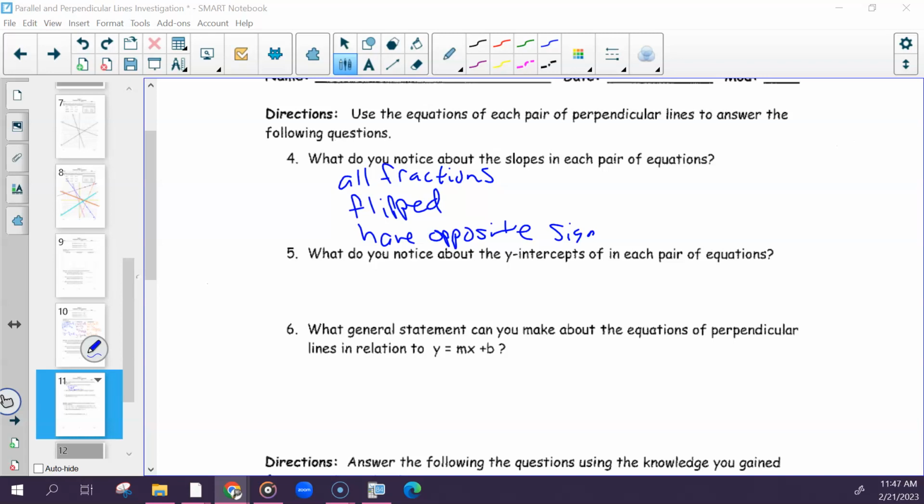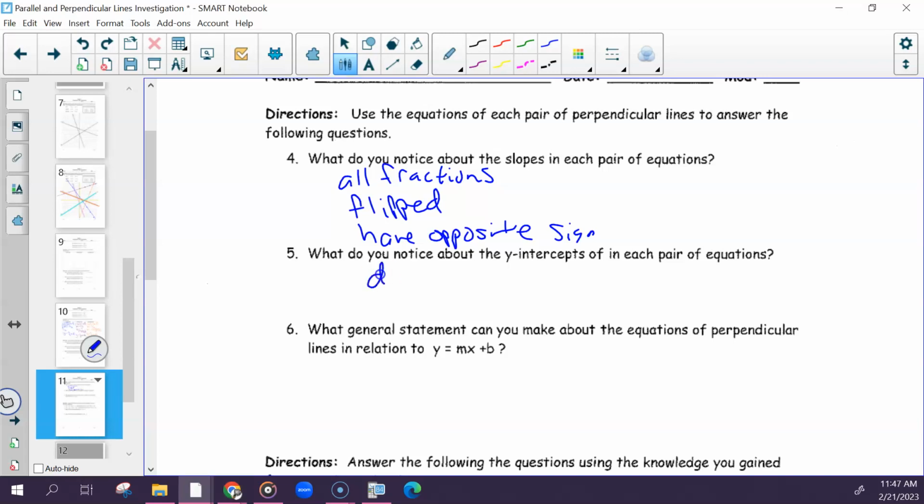And then what did we notice about the y-intercepts? Do you see anything that stands out about the y-intercepts? You sure? They're all different, okay. But really, if they were the same, it wouldn't matter.